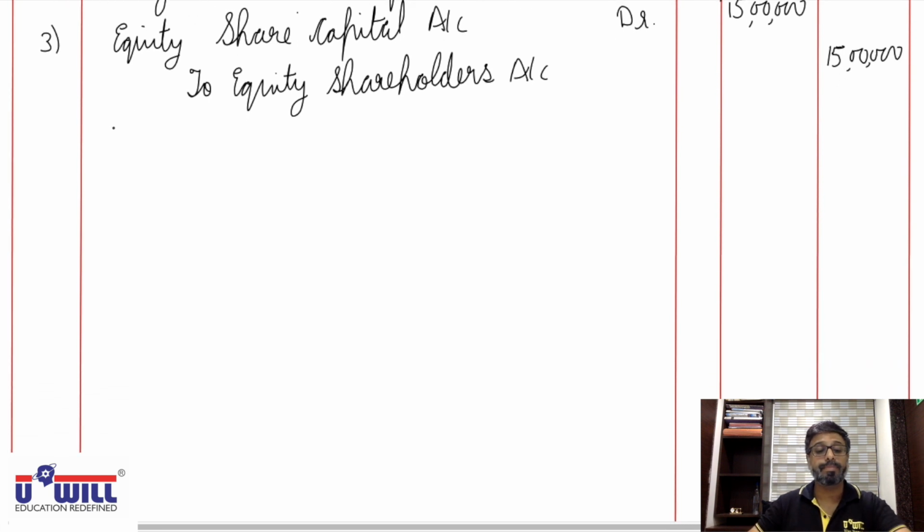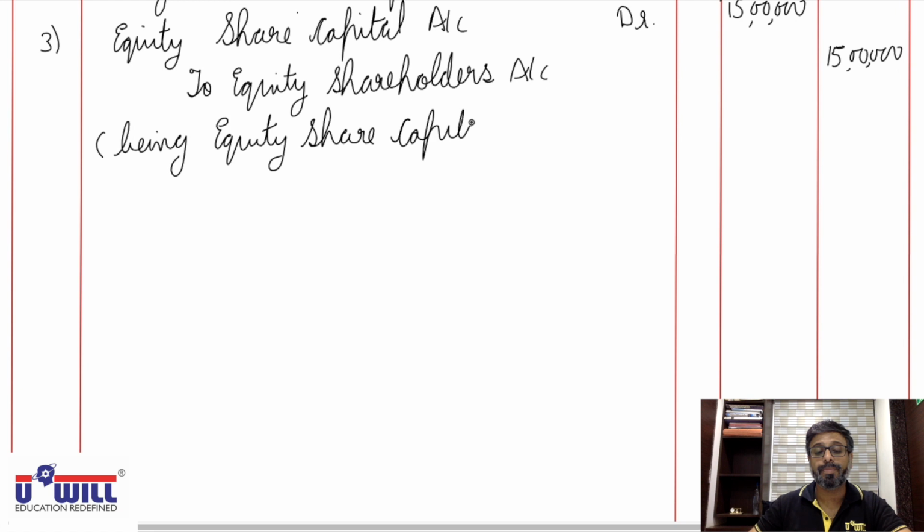Being equity share capital transferred to equity shareholders account.